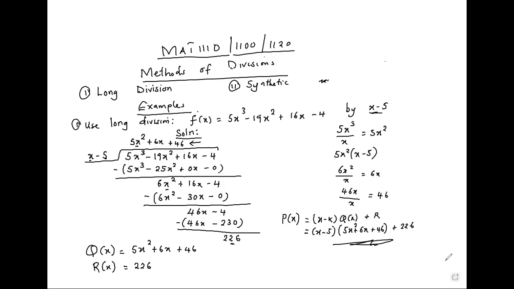Okay, let's do another example where the divisor has a power which is greater than 1. So we do one more. What is the question? The function is f of x equals negative 2x to the power 4 plus 3x squared plus 1.